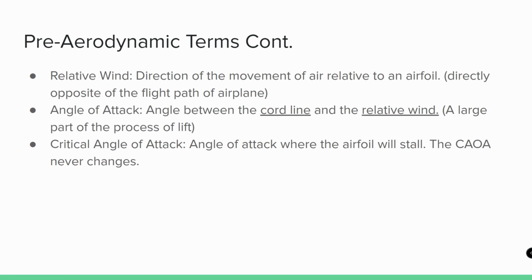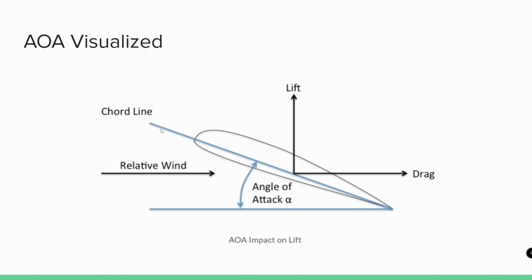You will always stall at the exact same angle of attack. Now your stall speed may be higher. I don't want to overcomplicate it too much, but basically your stall speed can change, but your critical angle of attack never changes. It's a byproduct of the wing. So here's angle of attack visualized again. We have that relative wind, we have the chord line, and we have the angle of attack.